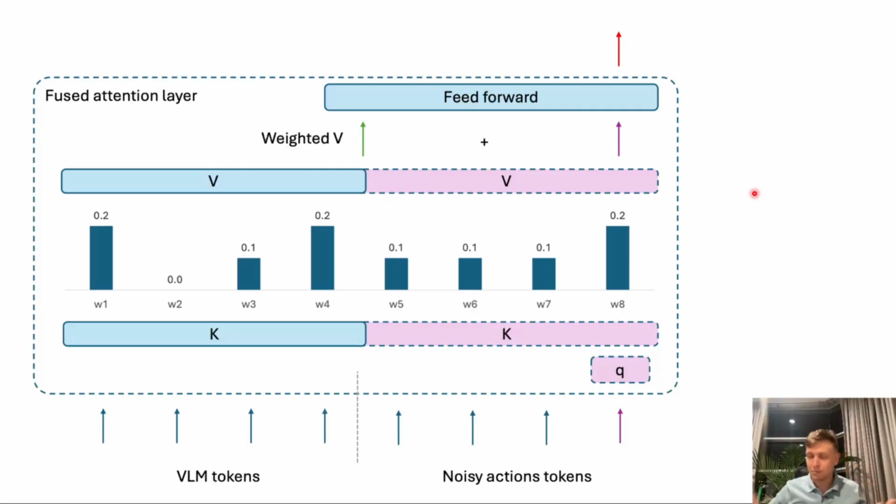But again, it's just my guess. I don't have any proofs, and I don't have enough data or experiments to test it. But if you've seen any papers where people try to separate it, specifically for Pi0, please let me know, because I think it's an interesting topic and I would like to learn about it.